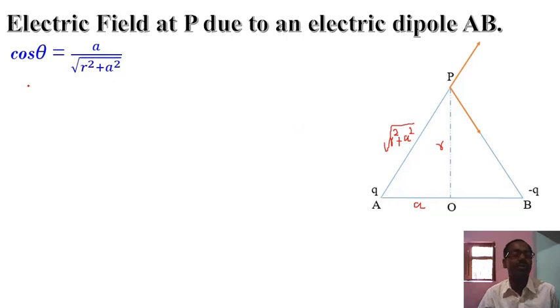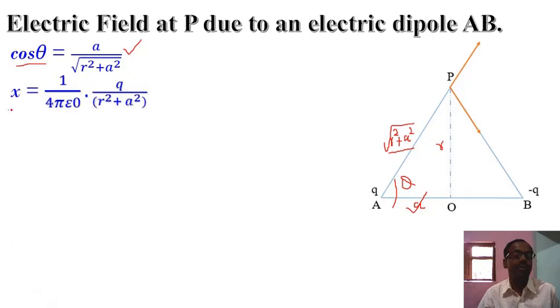We know that cos theta equals base by hypotenuse. Here the base is a and the hypotenuse is the square root of r square plus a square. So cos theta equals a by the square root of r square plus a square. And x equals 1 by 4 pi epsilon naught into Q by r square plus a square.